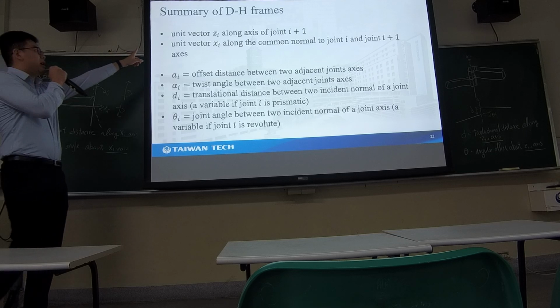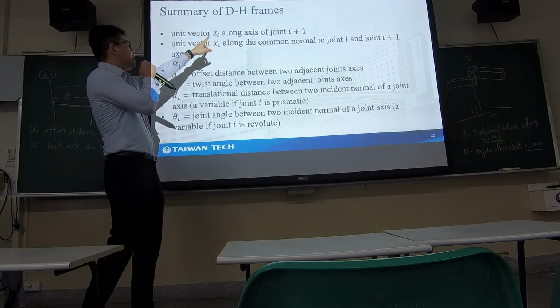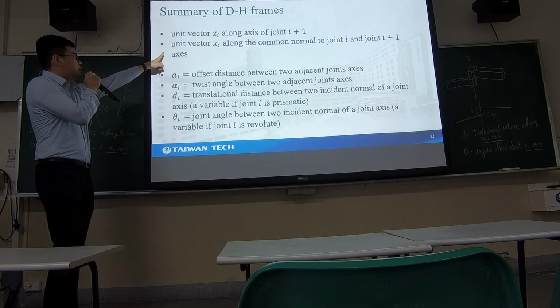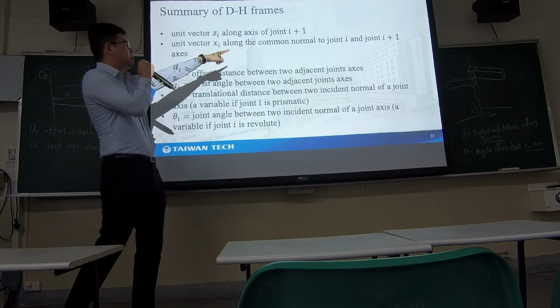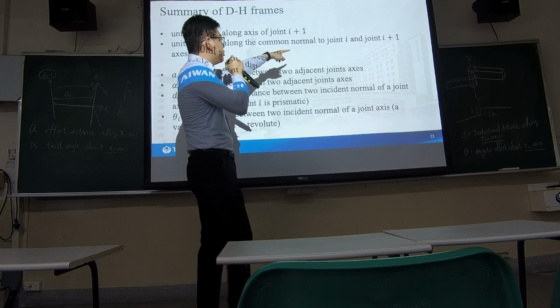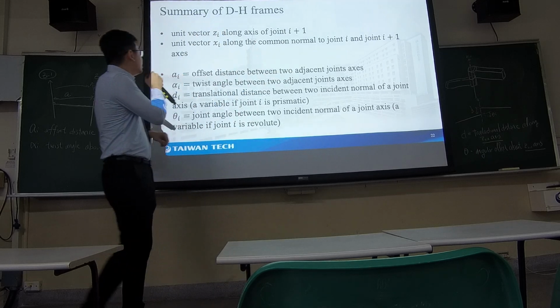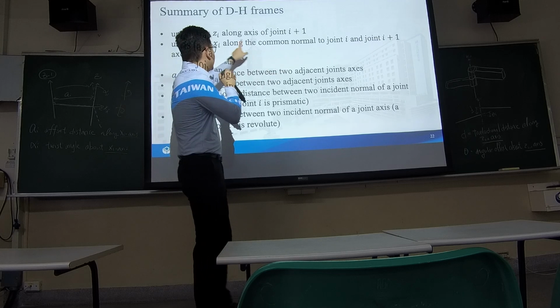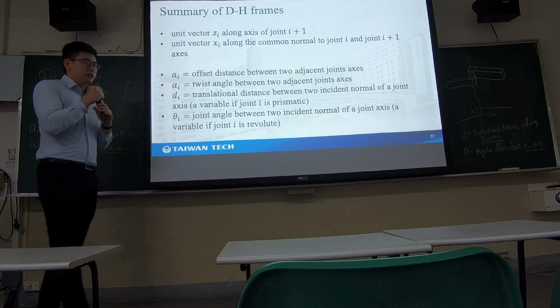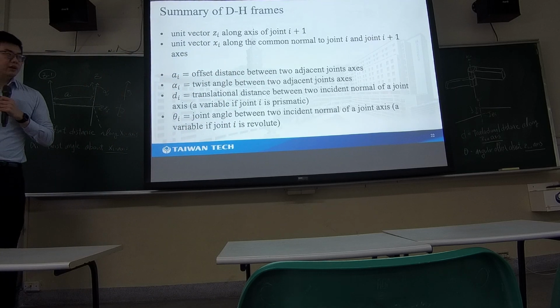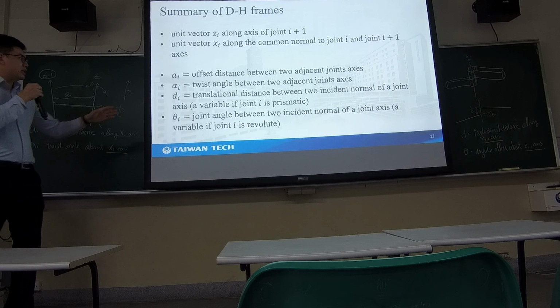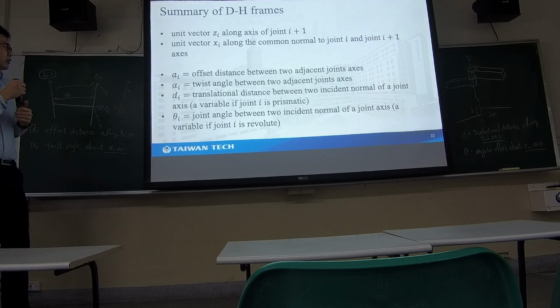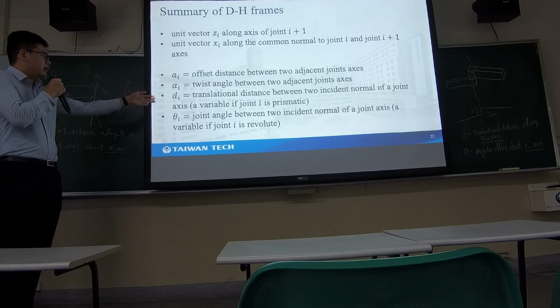Unit vector zi is along the axis of joint i plus 1, and unit vector xi is along the common normal between joint i and joint i plus 1. So the common normal of these two joints is the link axis, xi. And these are the four definitions of a, alpha, d, and theta.